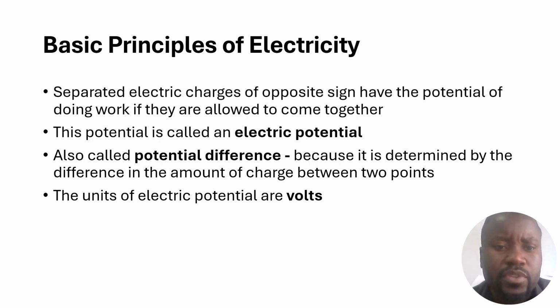This potential created is called the electrical potential. And this potential is also called the potential difference because it is determined by the difference in the amount of charge between 2 points. And if you remember your basics in physics, you remember that this potential difference is what we call voltage and is measured in volts.